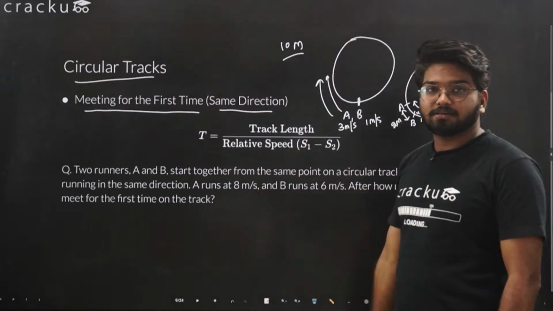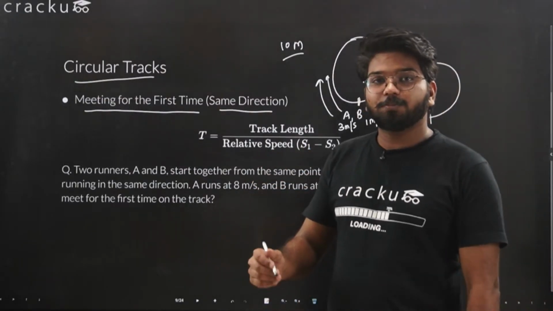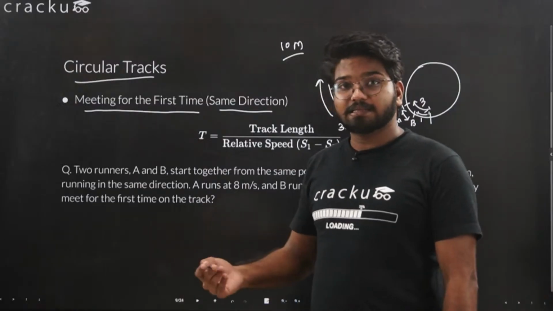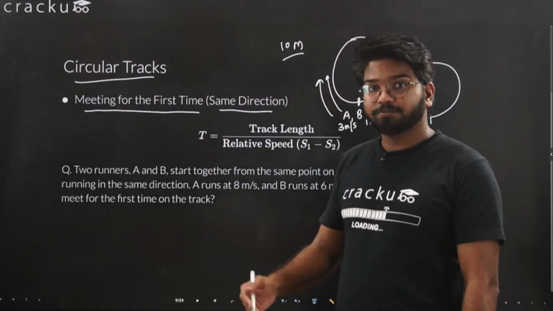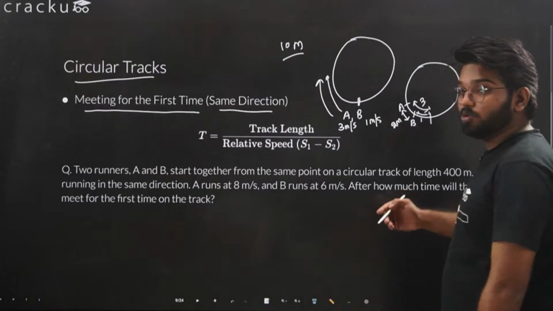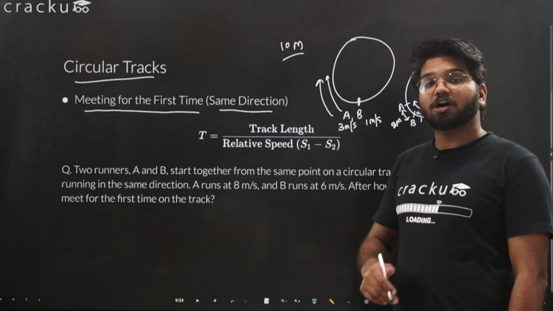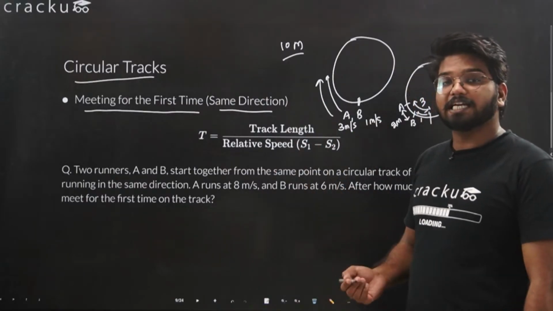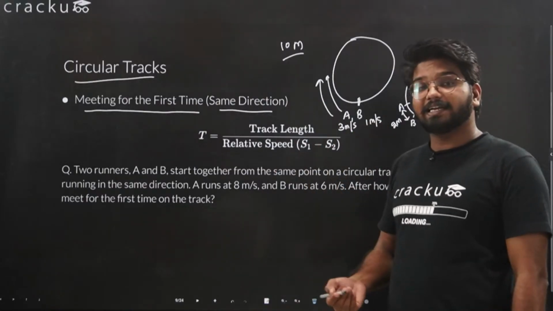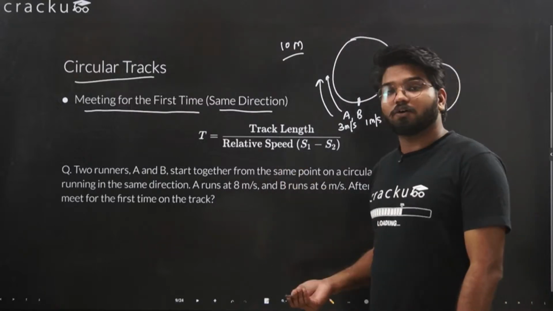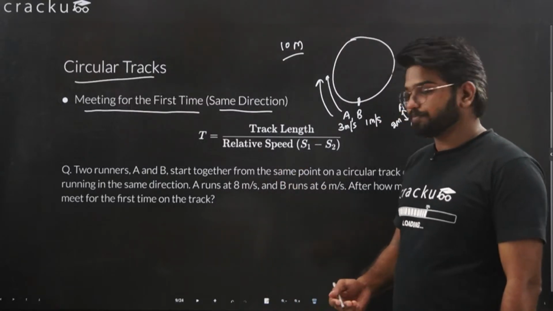After another second, the difference will be again 2 meters. After another second, the difference will be 2 only. So this way, the faster person, here A, has to cover the whole circle with the relative speed. And the relative speed here is the difference of their speed, because they are moving in the same direction.